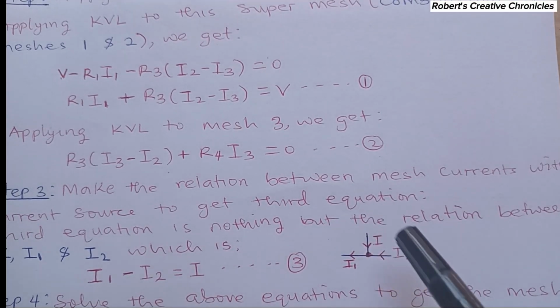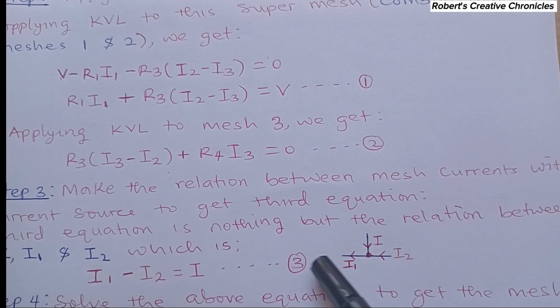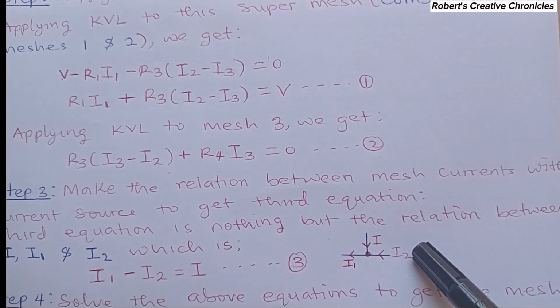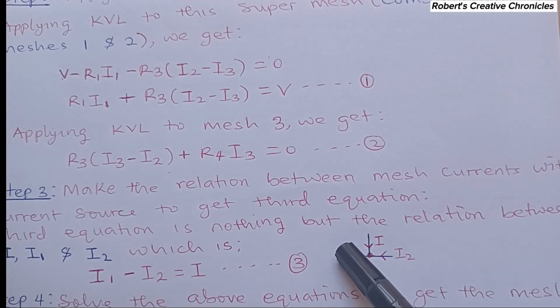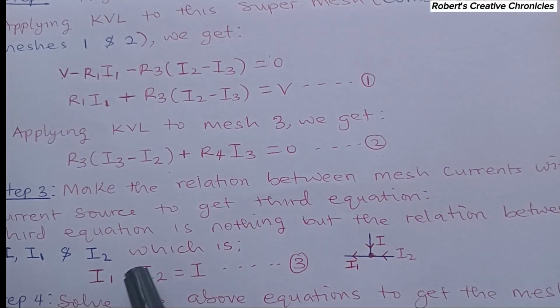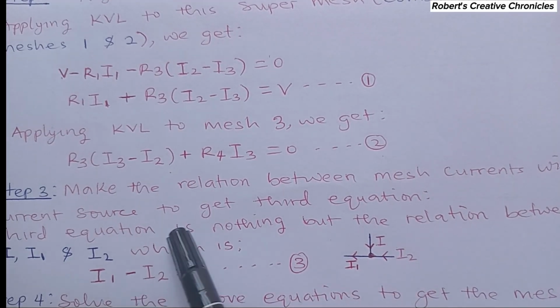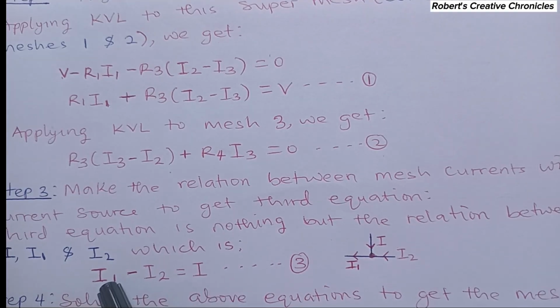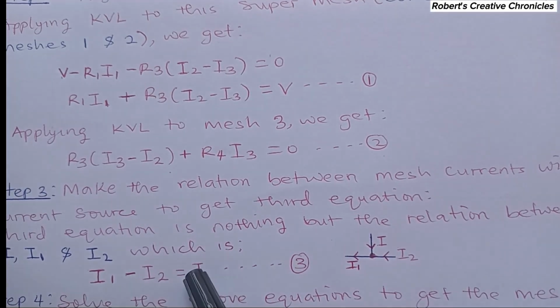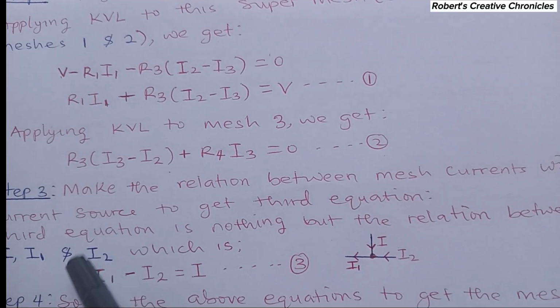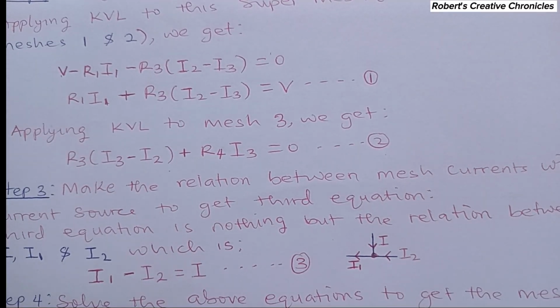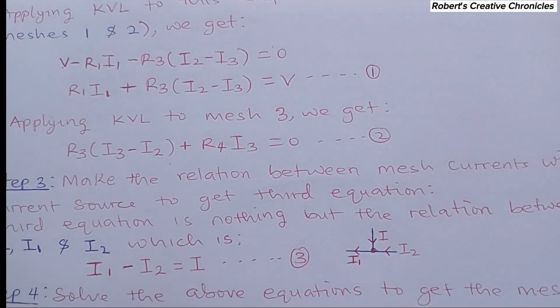The algebraic sum of I and I2 will be equal to I1, since I1 is leaving the junction and these two, I and I2, are entering it. So the sum of these two will be equal to this. If you rearrange it, it has been rearranged to this. That's why it's written here like this, or this is how you get this equation.